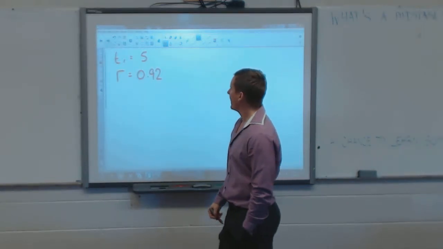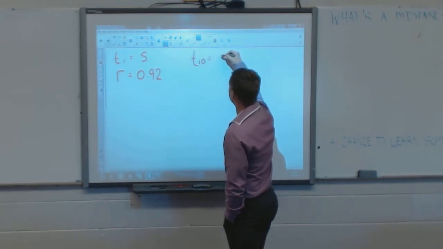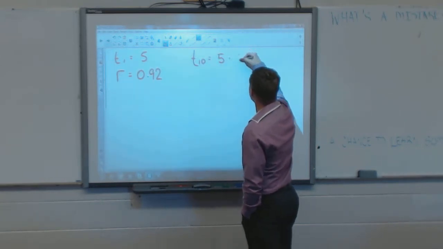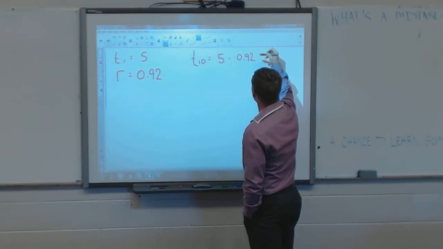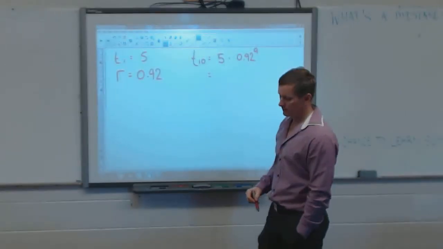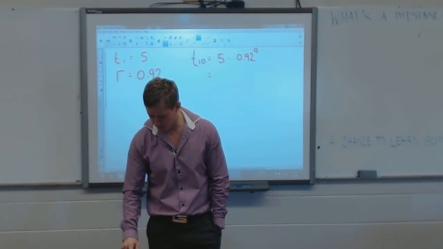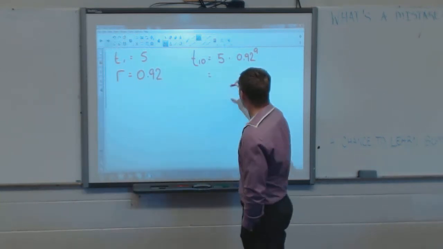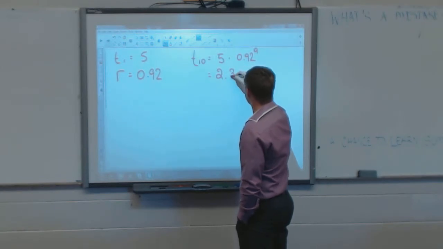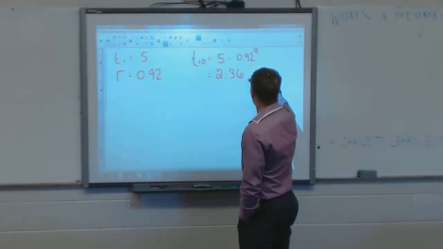Okay? And then it wants us to calculate what t to the 10 is. Well, t to the 10 is equal to 5 times 0.92 to the n minus 1, which is 9. So punching that into our calculator, 5 times 0.92 hat 9 equals 2.361.